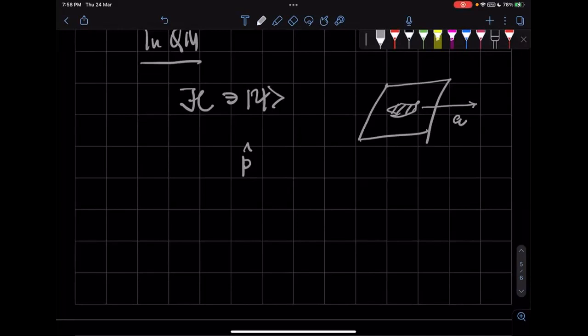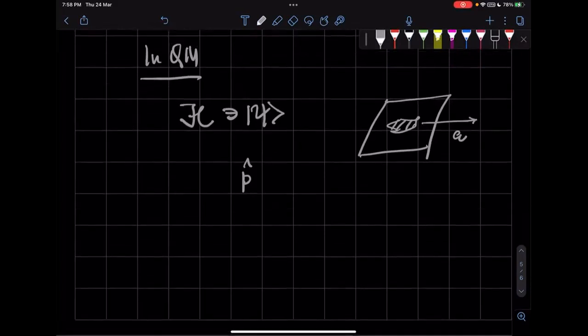Suppose your system was in some state psi. A translation of your system should not really change the normalization of the state, because you're not poking it.